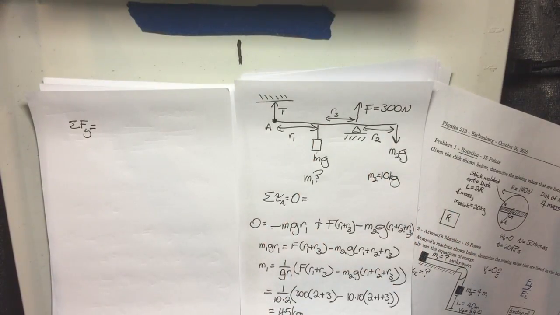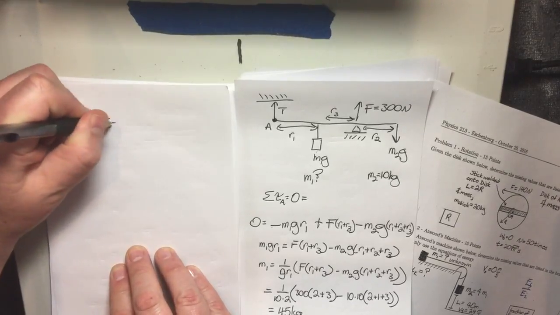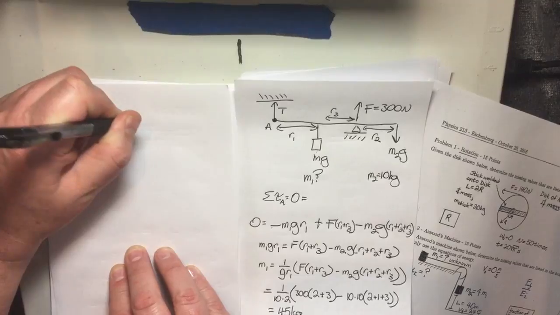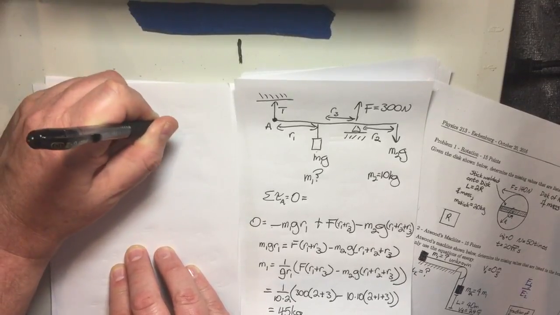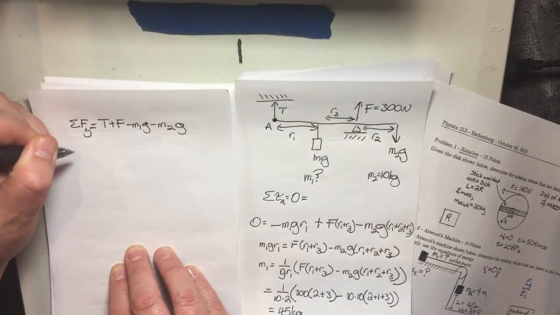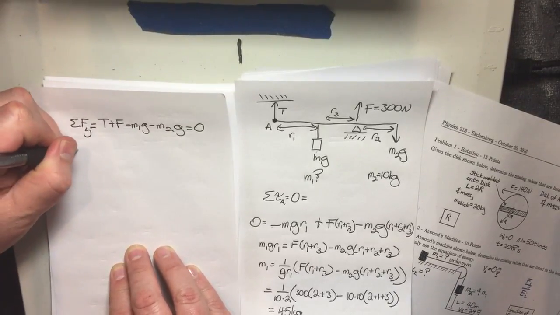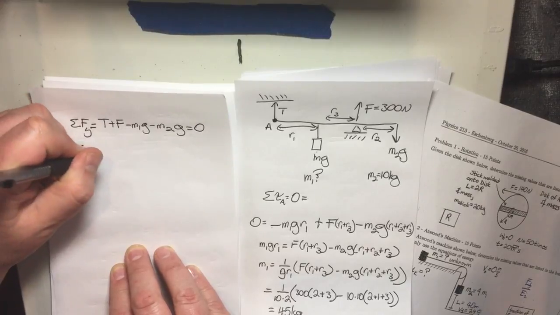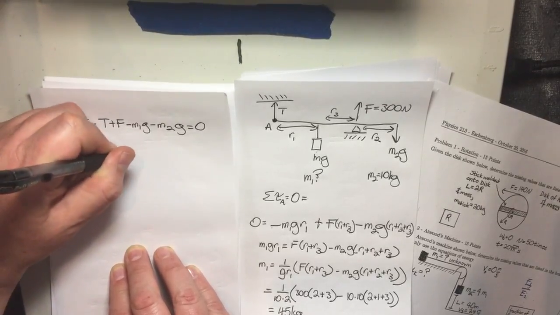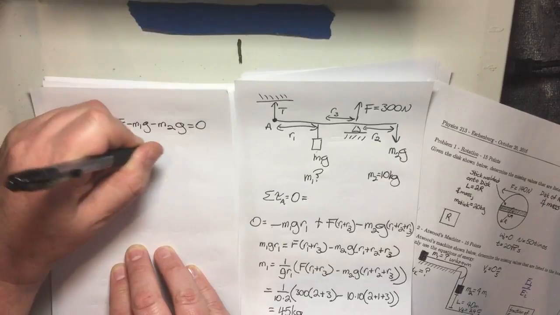What I feel is simpler is to sum up the torques first and then sum up the vertical forces. The math is easier that way. So T plus F minus M1G minus M2G, and that again all equals 0. I'm looking for T. So T equals M1G plus M2G minus F.